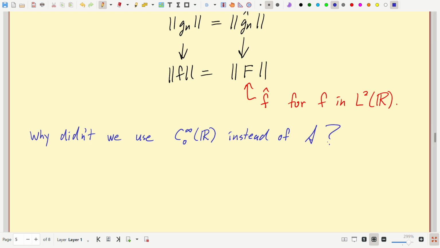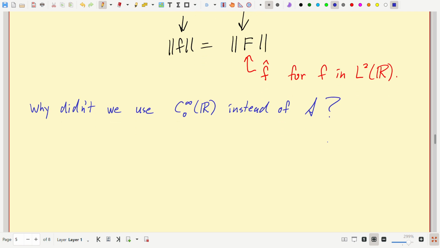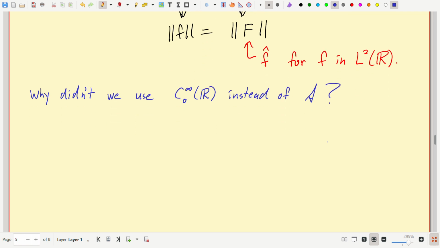Well, the main reason is because of the famous Gaussian bump function, we really needed it. We really needed the fact that the Fourier transform of e to the minus pi x squared was itself.